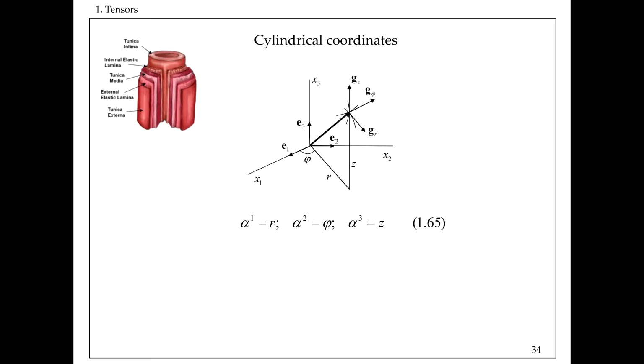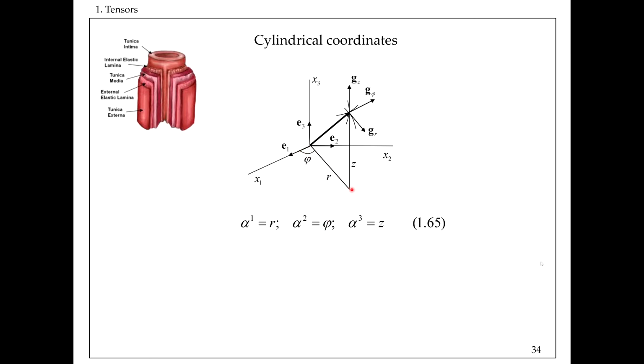Alpha 1 will designate the radius of any point, so it will be the radius of this point, and phi will be an angle that we measure here.